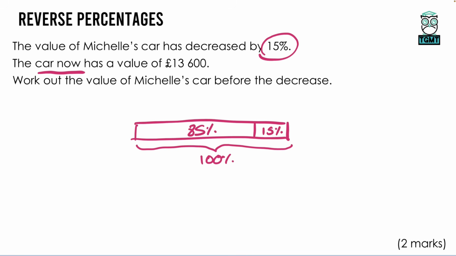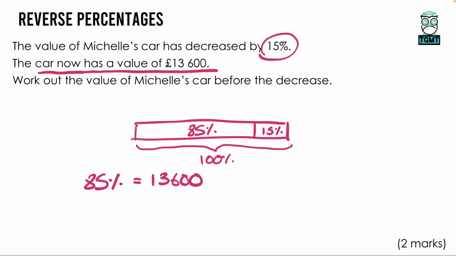So these are the two percentages that you can be given. Either they've told us the 15% it's decreased by, or they might tell us the value after the decrease, which is the 85%. Now this question does say the car now has a value of 13,600, which is the 85%. So 85% is equal to 13,600.